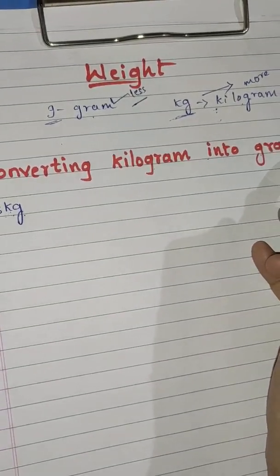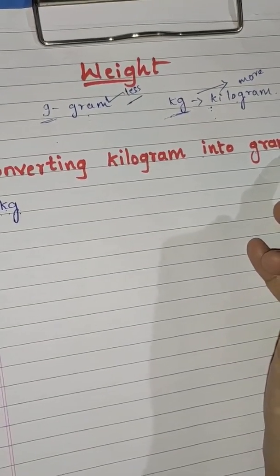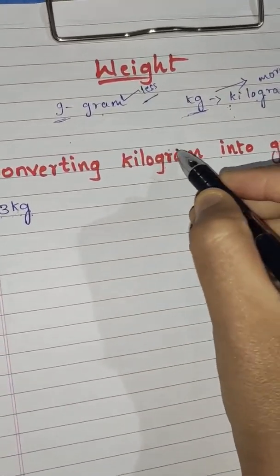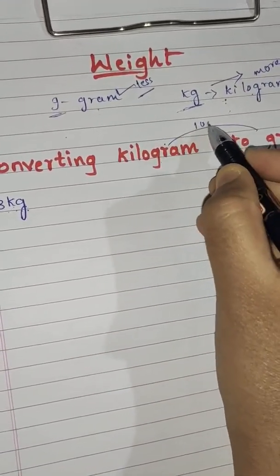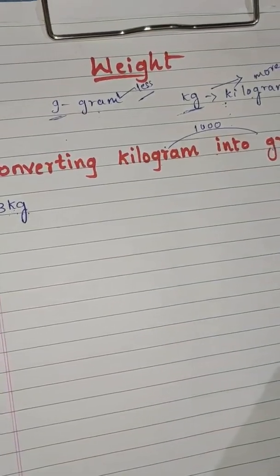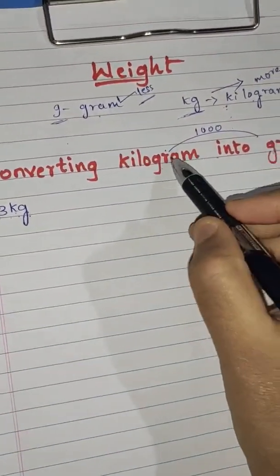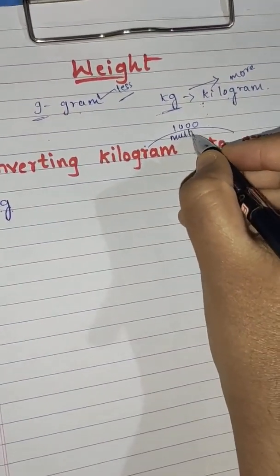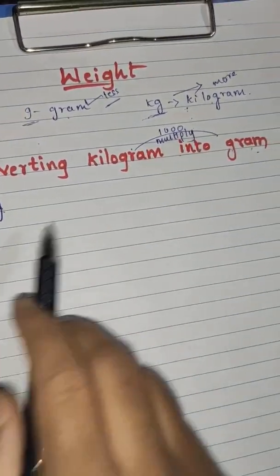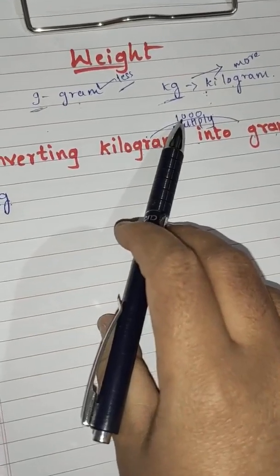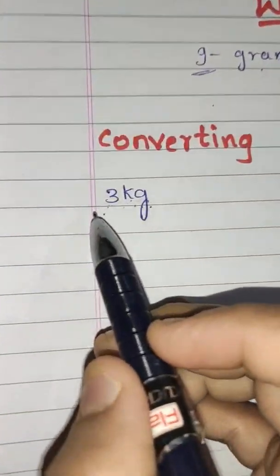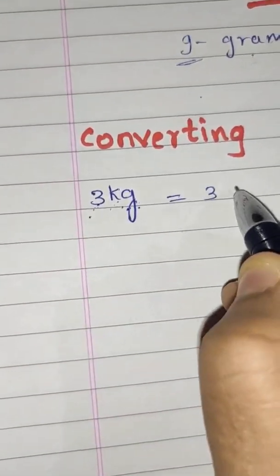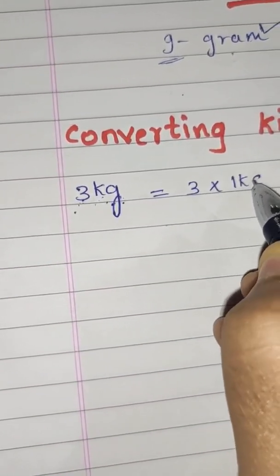So children, to convert kilogram into gram, multiply kilogram by 1000. Here it is. 3 kg is equal to 3 into 1 kg.